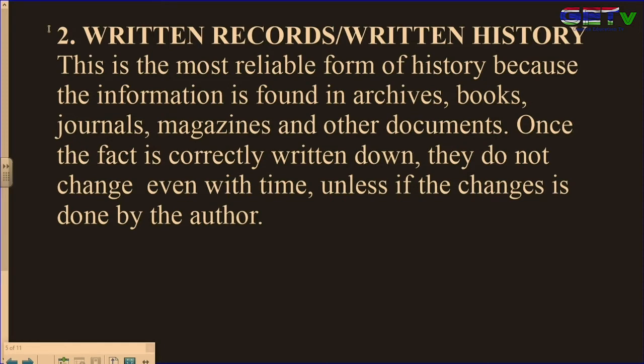The second source of history is written records. It is also referred to as written history. This is the most reliable form of history. Why do we say it is the most reliable form of history? Because it is found in writing.